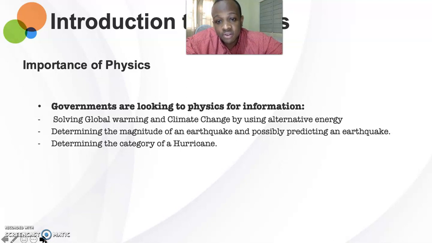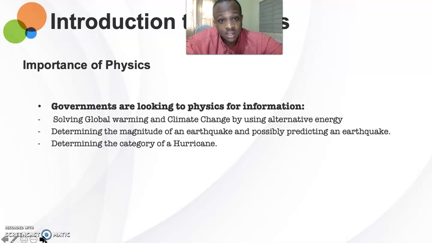So governments are looking to physics for information. Right, there's a big issue right now as it relates to global warming and climate change. Right, and they're looking to physicists to come up with technologies that can be used to combat climate change by using alternative energy.